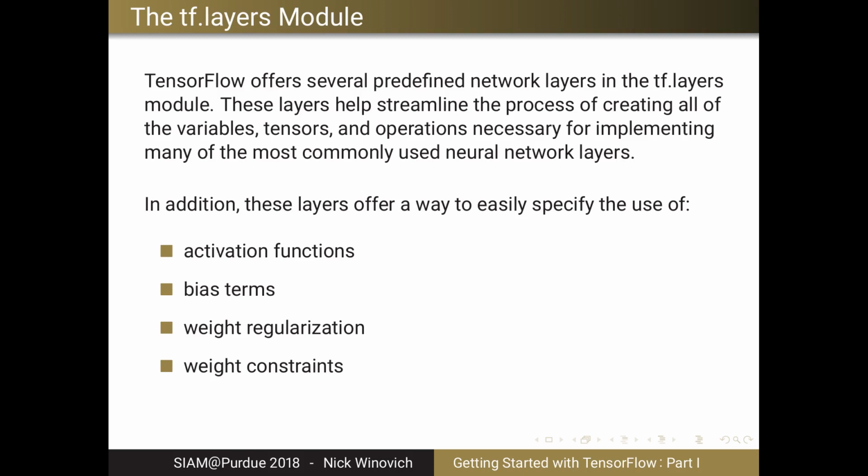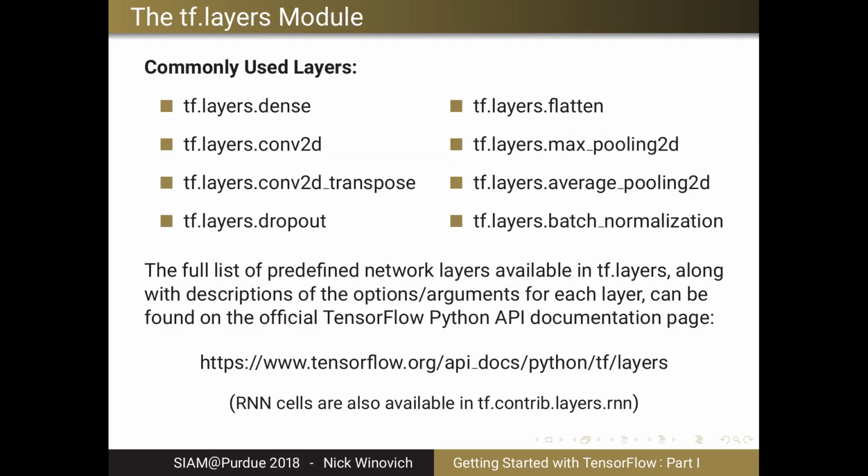So things like activation functions, bias terms, weight regularization, and any constraints can be incorporated into these in a relatively seamless fashion. And so some of, but not all of, the commonly used layers are dense, convolutional layers, dropout, pooling layers, and batch normalization. And these are all implemented for us. So we really have very little programming we have to do in terms of creating variables, creating weight matrices. This is all automated, and it's very convenient.